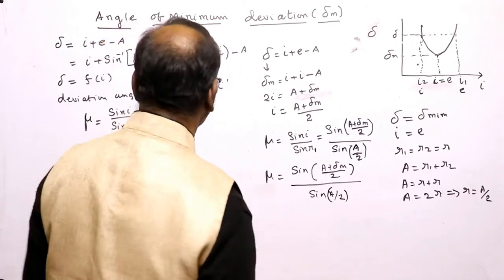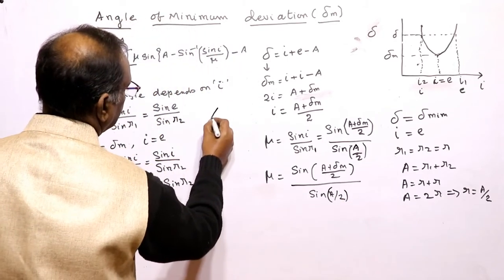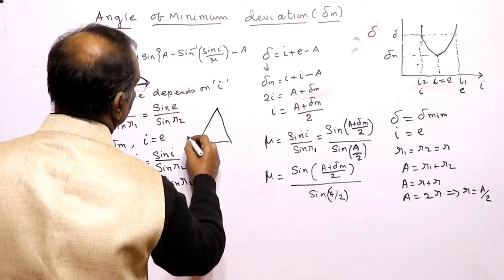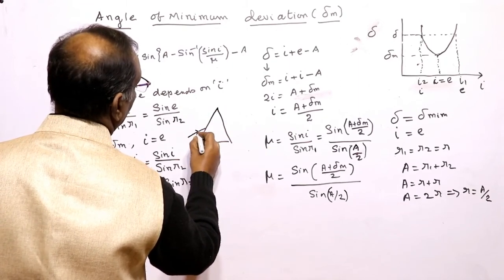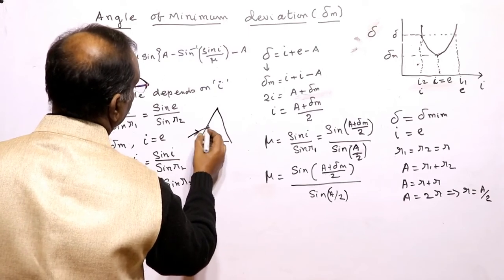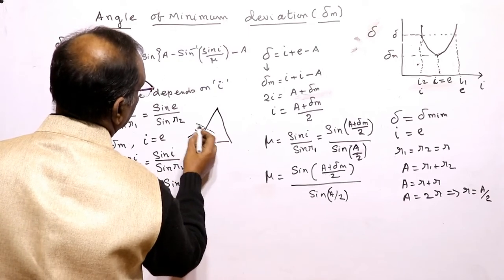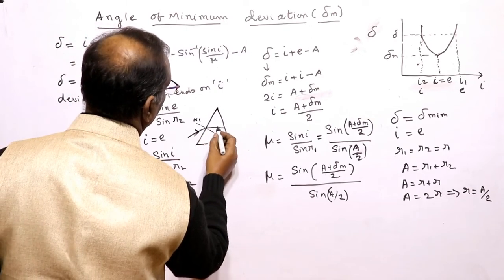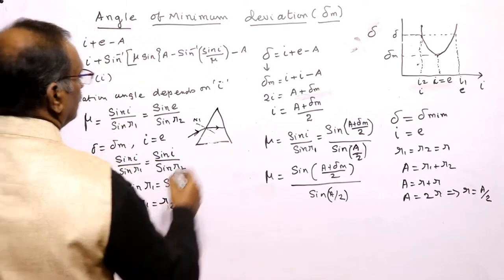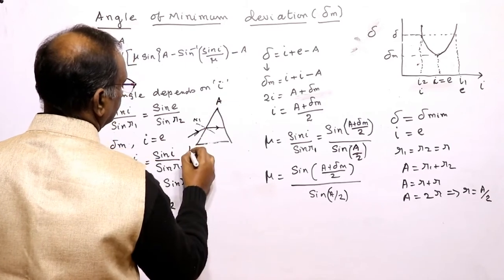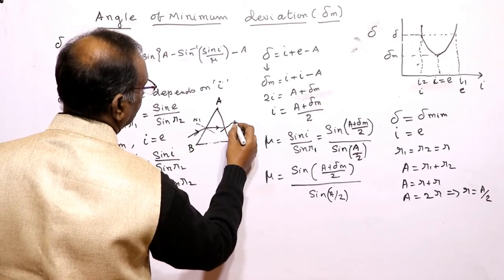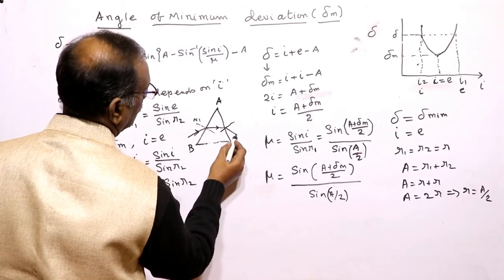At this instant, this is the prism and the ray goes this way. This is the normal, and the ray will be parallel to the base of the prism, BC, and after refraction through this face AC, it will go like this.